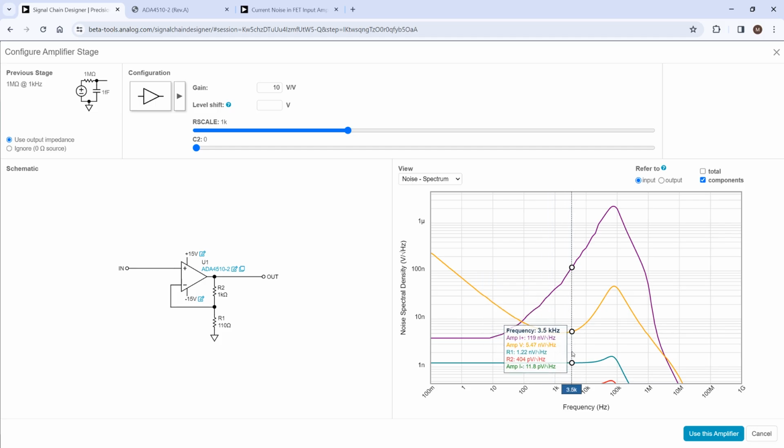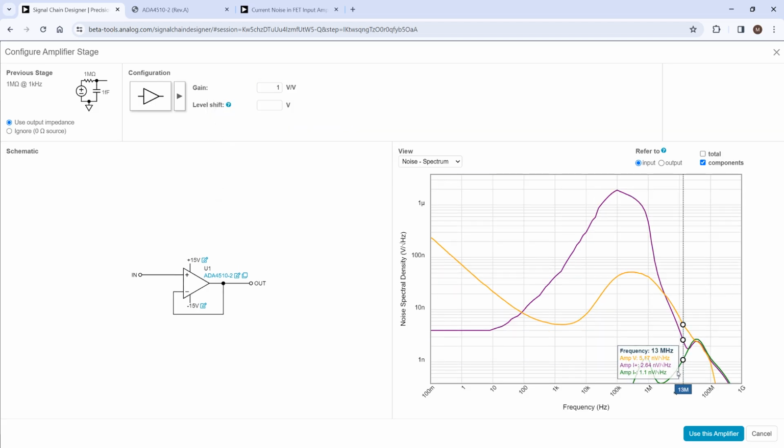One other interesting thing is, I think it shows better if we're at a gain of 1. All right, so here is this green line which says amp I minus, which is the current noise here. And you might say, well, what in the world, why do we have any kind of line? There's no resistances attached here.